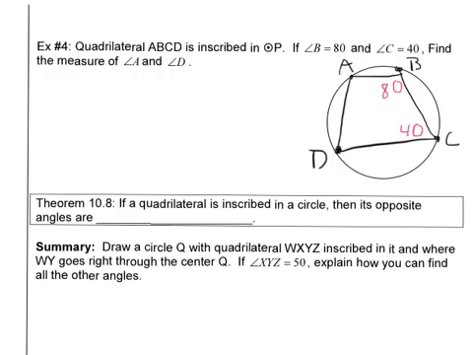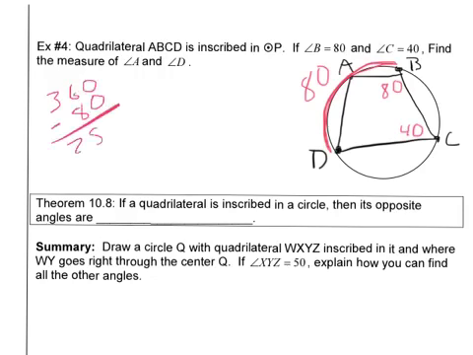Well, here's the trick. If you want to try this on your own first, you should pause the video now, but I'm going to go ahead and explain it. It's this. This angle here is 40. Well, it's an inscribed angle. So that means that this arc over here has to be twice as much as 40, or 80. Well, if that's 80, then we should be able to find the rest of the arcs, which is just going to be 360 minus 80, right?